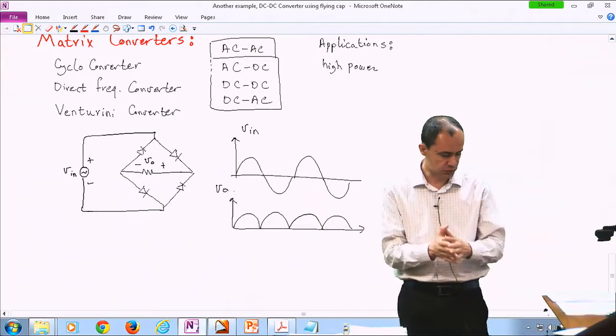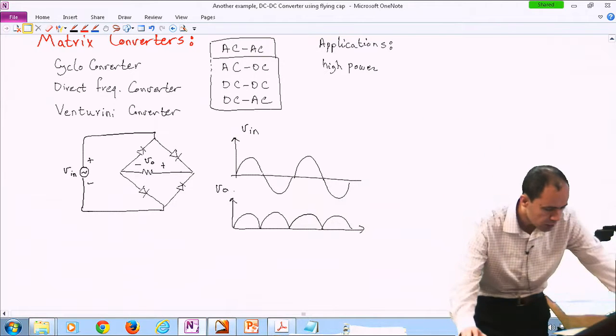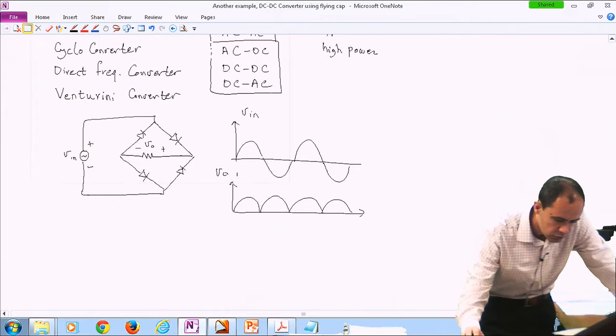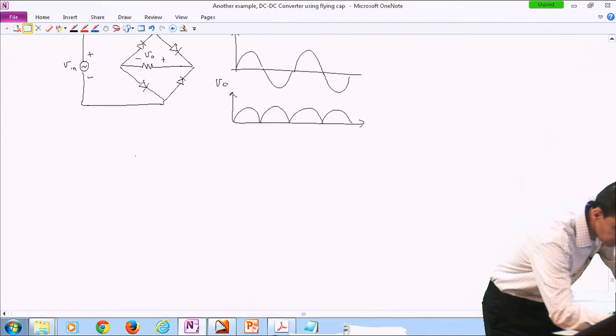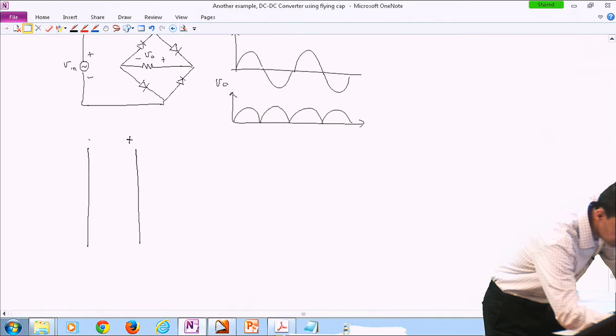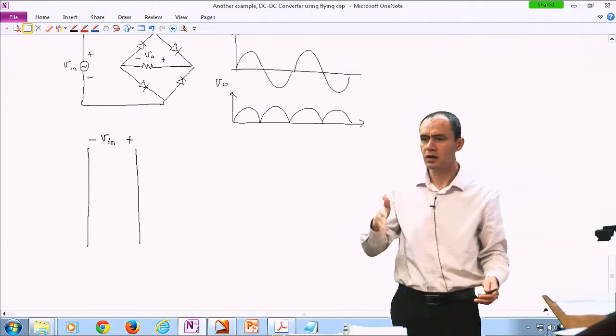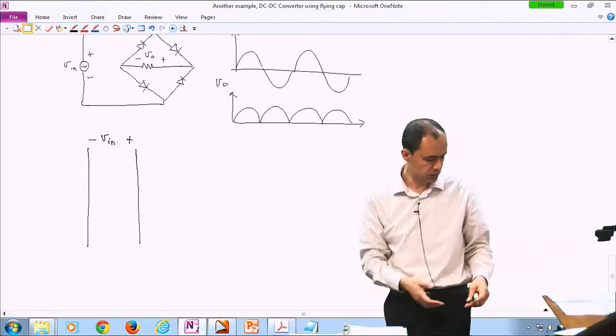Very simple bridge rectifier. I'm just going to draw this a little bit differently to get to my matrix converter point. So I have two lines on the input side. I only have one source, and it has two terminals.